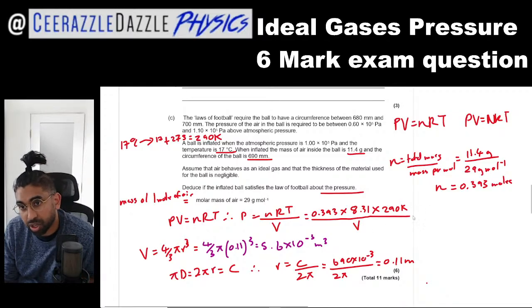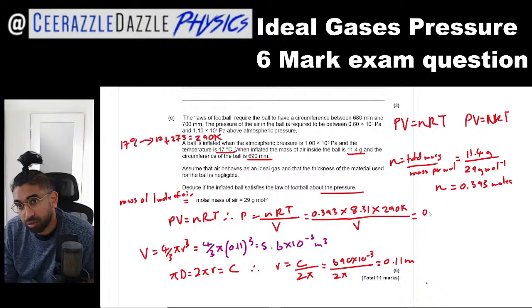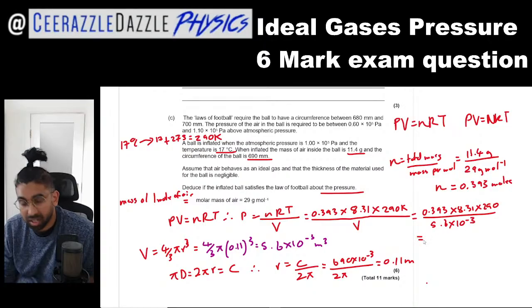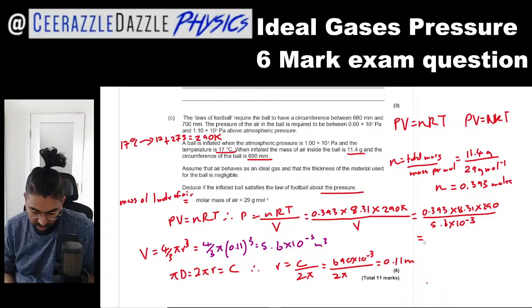Let's chuck it into the pressure. This one over here, so 0.393 moles times by 8.31 times by 290 divided by the volume that you've got, which we just worked out, 5.6 times by 10 to the minus 3. Voila les enfants. So it's going to be 0.393 times by 8.31 times by 290 divided by 5.6 times 10 to the minus 3.